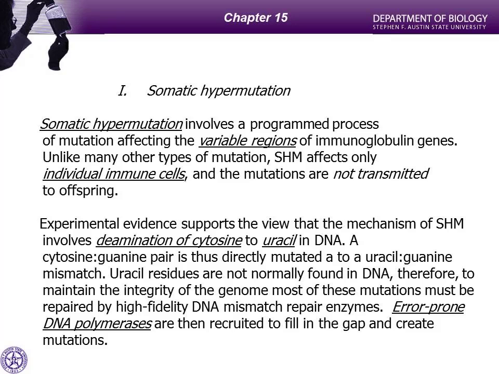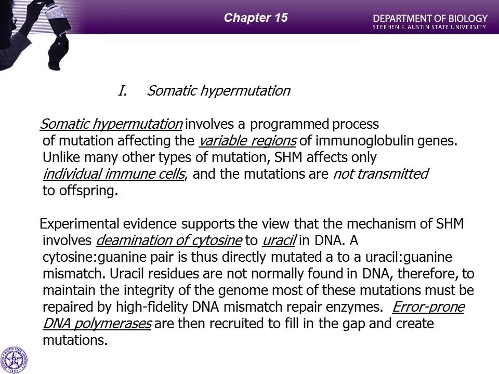Somatic refers to the body, and we usually distinguish somatic from a germ or a sex cell. So these aren't your stem cells; your stem cells give rise to B cells. But as B cells begin their maturation process, in these somatic cells, this is when the genes are going to start to change.